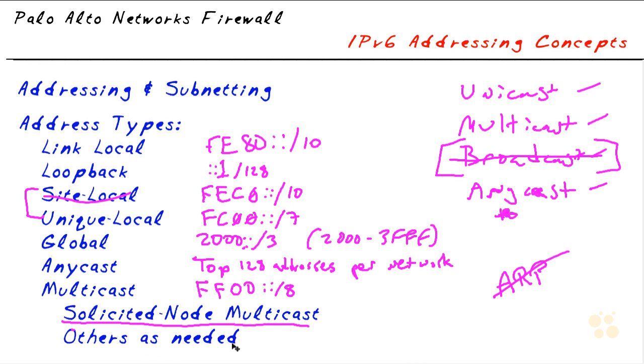And I'll show others as needed, because we've got all sorts of other multicast types going on, like all nodes multicast, all routers multicast, things along those lines. There's lots and lots of group addressing going on in IPv6, so we need to be familiar with conceptually how they're going to be set up and how we actually use them. That's all my idea of addressing and subnetting.